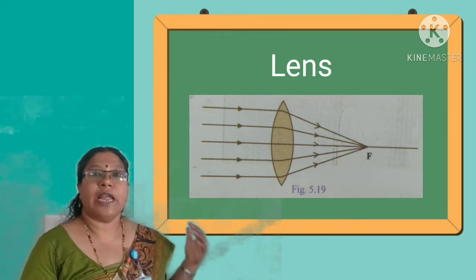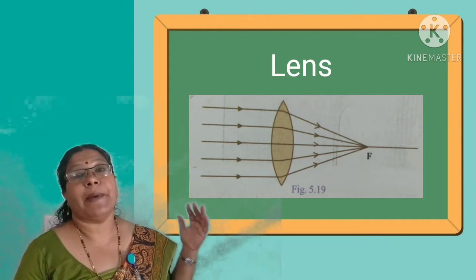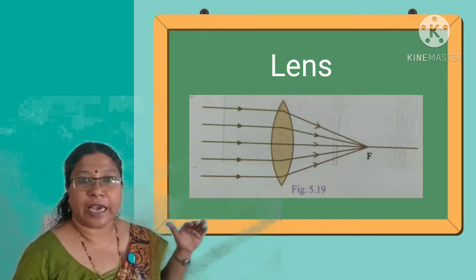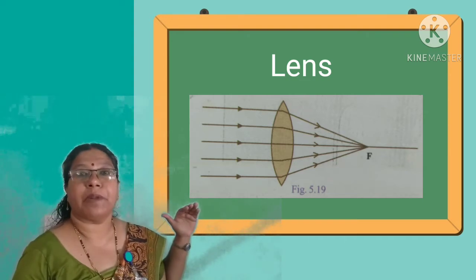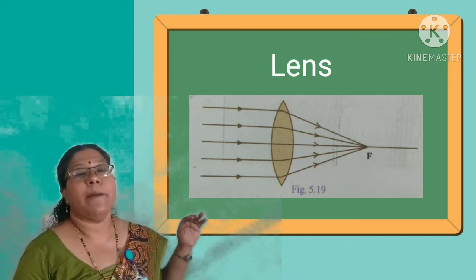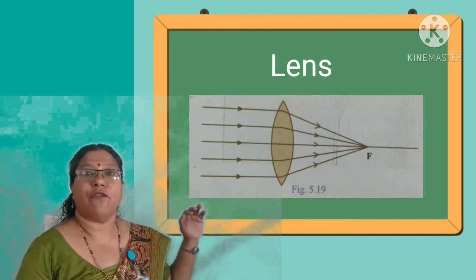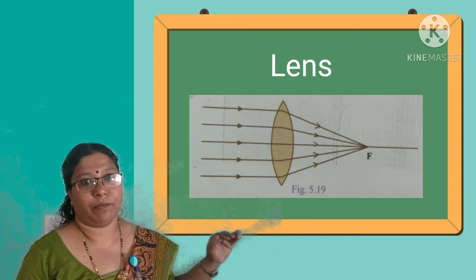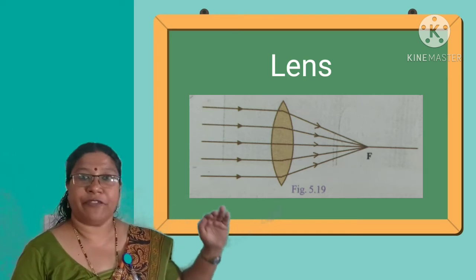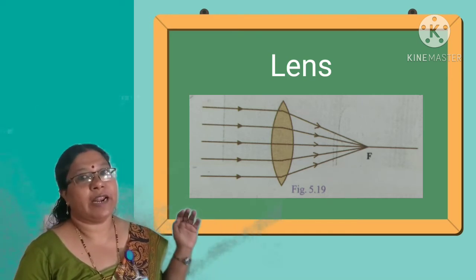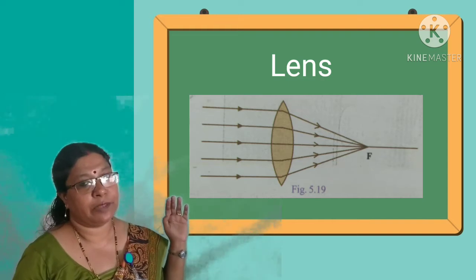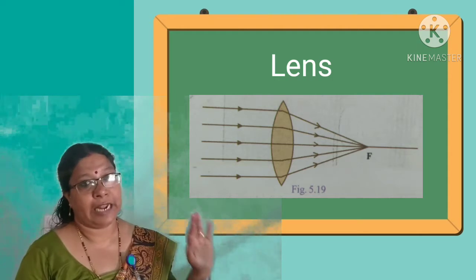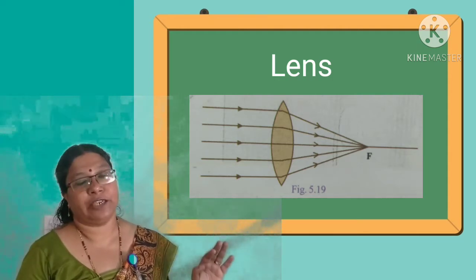Here also, in a convex lens, parallel rays of light falling near the principal axis, after refraction, that is, when a ray of light is passing from the air and enters the glass, the lens, there will be refraction.